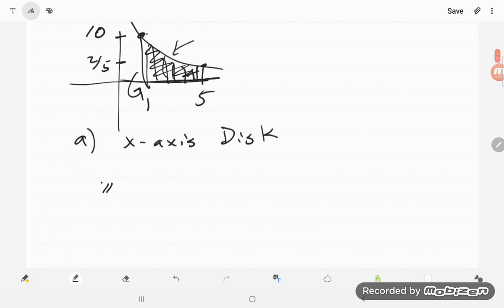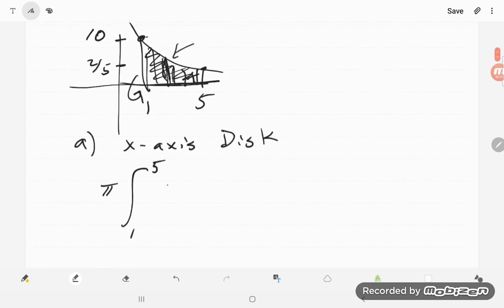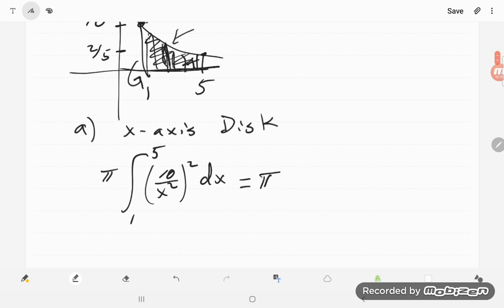And so we have pi, then an integral from 1 to 5, and my radius is just the height, so 10 over x squared. So I have 10 over x squared, squared, and then times my delta x. Well, actually, squaring that out, I get 100 pi times the integral from 1 to 5 of x to the negative 4 dx.